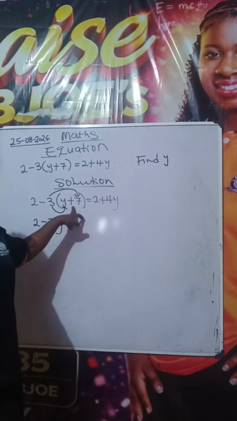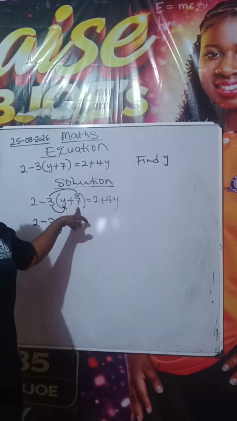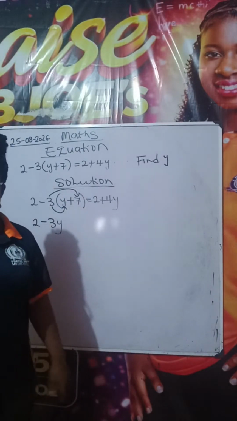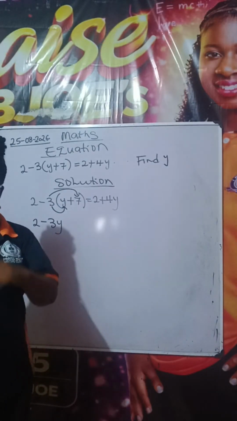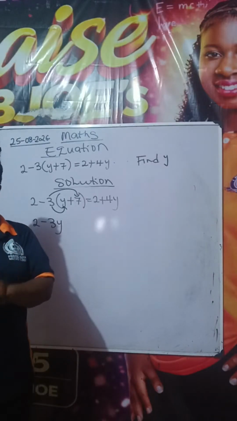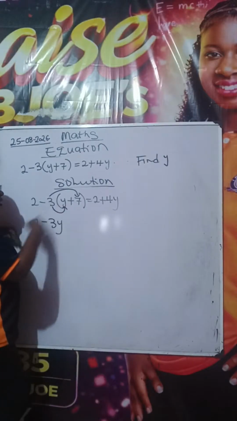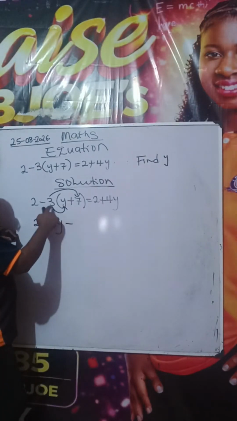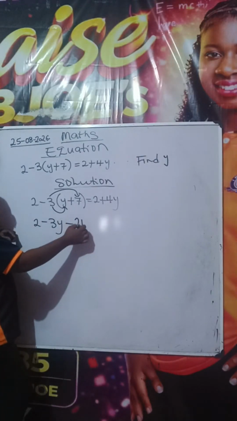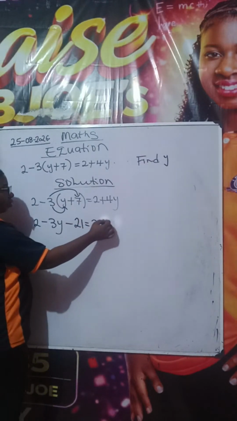And the 7 is positive, so minus 3 times 7, what are we going to get? Minus 21, correct. Very good. How is it minus? Because minus times plus will give you minus. 3 times 7 will give you 21, equals 2 plus 4y.